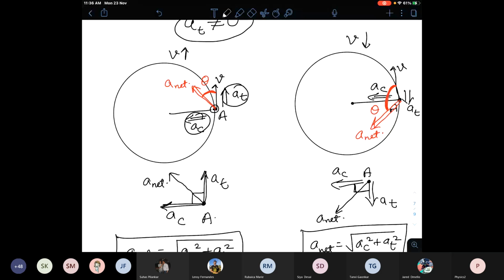So if you take the resultant of a tangential and a centripetal, the net acceleration will definitely be in this direction only. And just by looking at the geometry, you can say that it will be making an acute angle with the velocity. Simple.